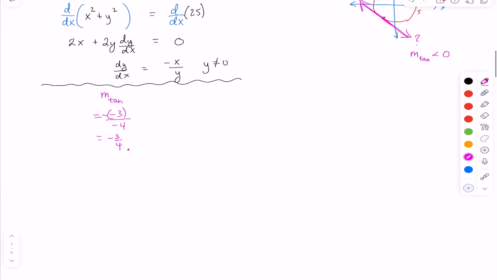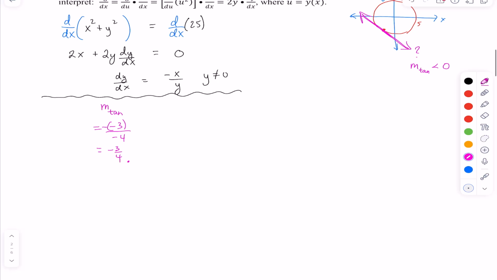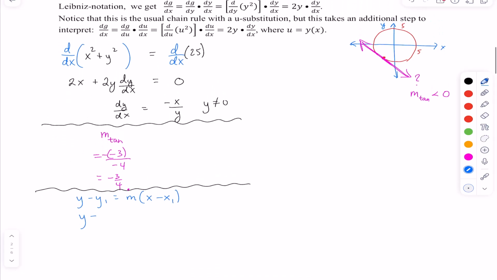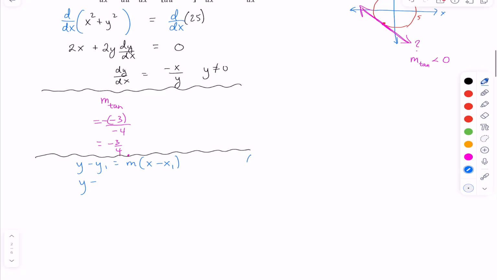I'm going to change the procedure again. We're trying to find the equation of that tangent line. So why don't we use our point-slope form and then work ourselves to slope-intercept form. The ordered pair was (-3, -4).